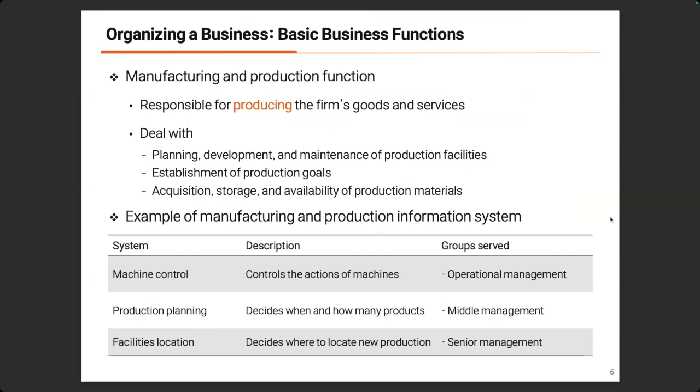This kind of department deals with planning, development, and maintenance of production facilities, establishment of production goals, and acquisition, storage, and availability of production materials. So the table below demonstrates examples of manufacturing and production information systems for each major organizational group.